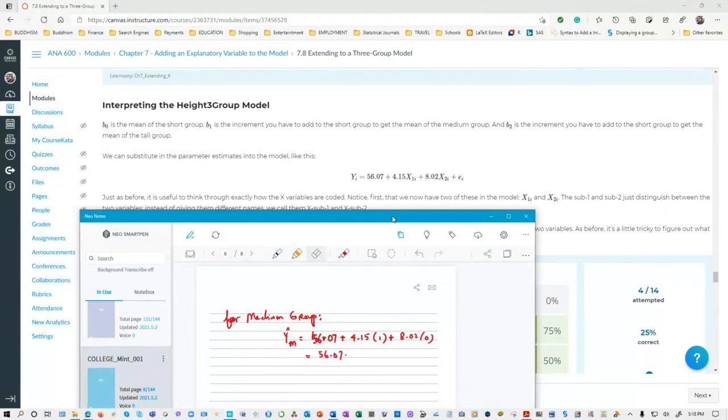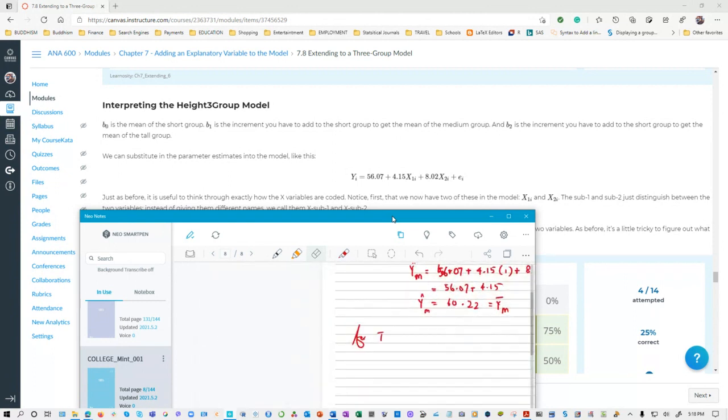So 56.07 plus 4.15, which is 60.22. This one is nothing but y bar of the medium.